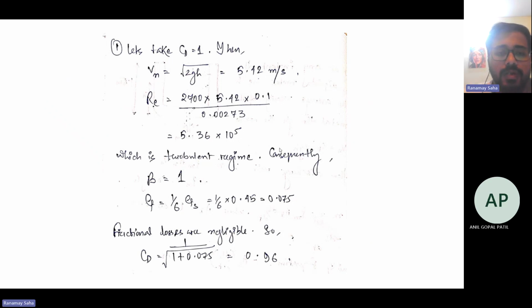If you have looked at the theory content, you know that beta is one coefficient which determines the velocity distribution. So beta is 1 in the case of turbulent regime.